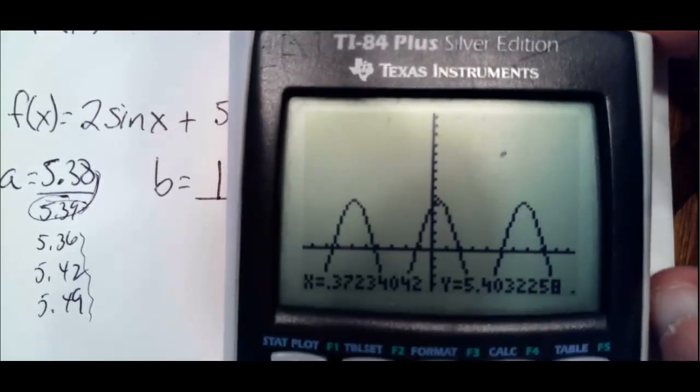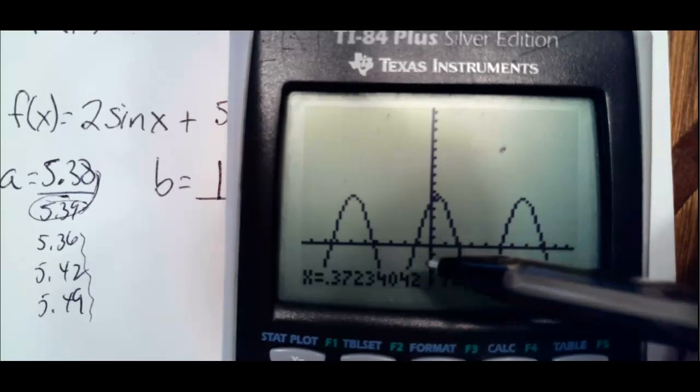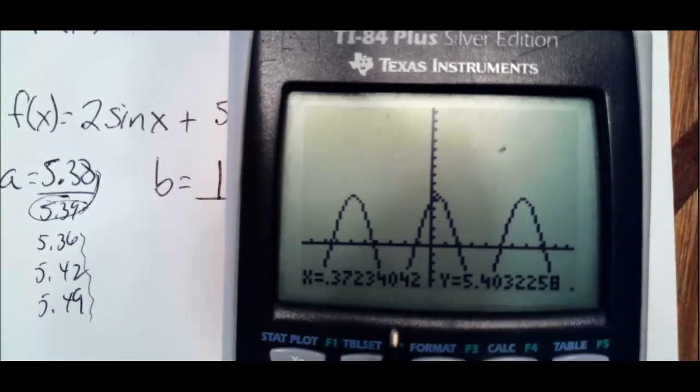So what you do is you determine visually which one of these points on the x-axis is closest to 0, 0. If you look, this side is closer to 0, 0 than this point.